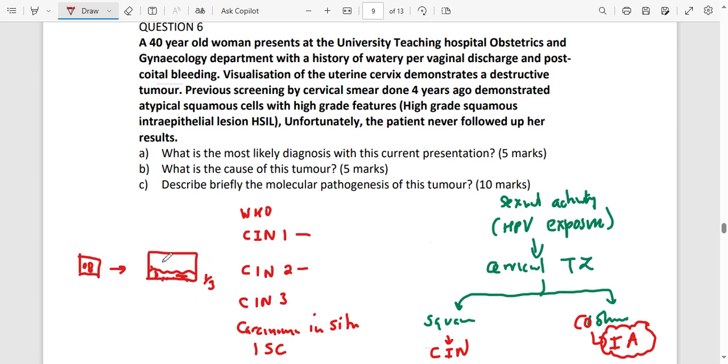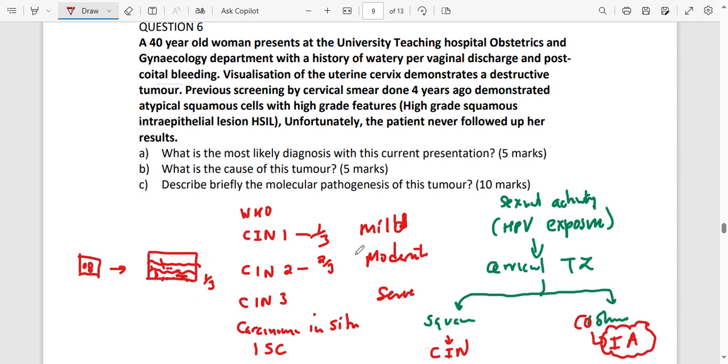Here, the lower two-thirds of the cells are affected. So this one is referred to as a mild dysplasia because the cells are dividing uncontrollably and not properly. The sizes are not the same. And then you are going to have the moderate, which is 2. And then you are going to have the severe dysplasia.